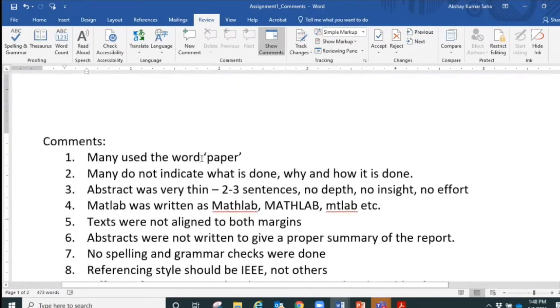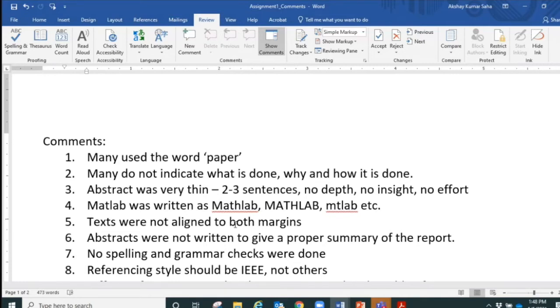I will show you. The first is that many of you are writing that this paper is showing this and that. It's not a paper, it's a report. If you write paper, you get 1 mark deducted. There is no way that it's a paper. You must not write it. But what happens is you are copying from a paper and you wrote it just like that.